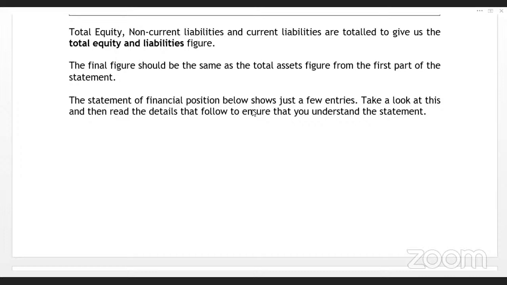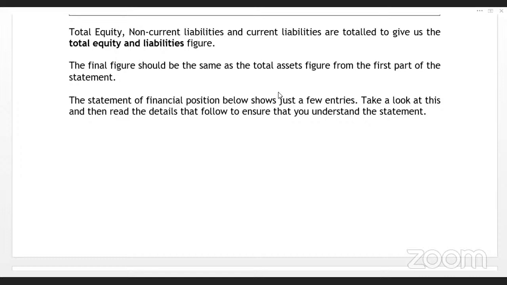Should we move into the example, members? Is anyone with a question about the statement of financial position? We don't have questions so far. Okay, no questions.